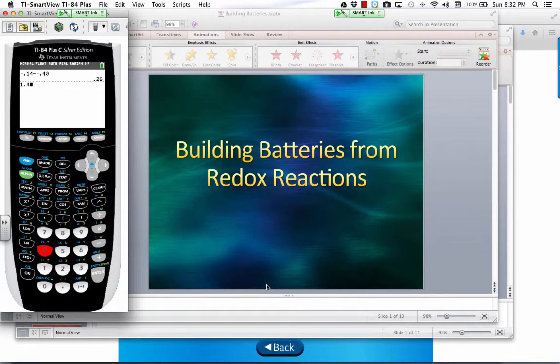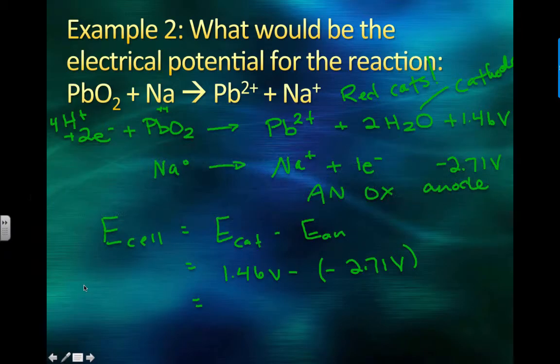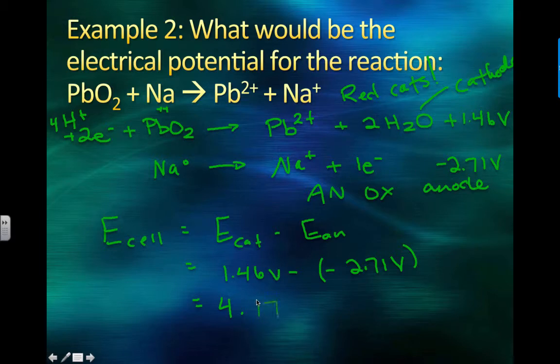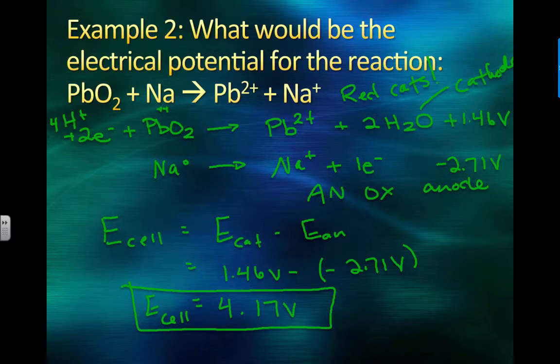So I have 1.46 minus a negative 2.71 volts. That gives us 4.17 volts overall. I knew that would be a big positive number compared to the other ones we had. Yeah, 4.17 volts overall for that particular electrochemical cell. That's a lot of energy, and we can harness that energy in a battery.